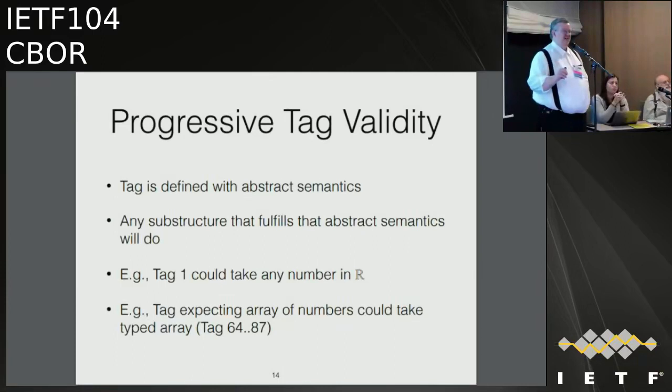No, not on that level. I was more thinking, if I define a new tag, how do I describe on the actual level, what maps to something on the wire, what does fulfill the abstract semantics? But yeah, maybe I have to have a closer look on that and see how it works out.